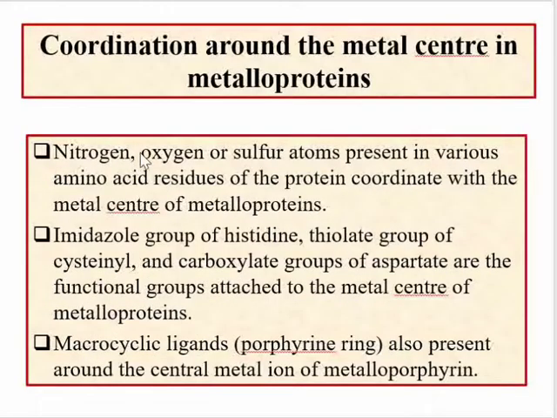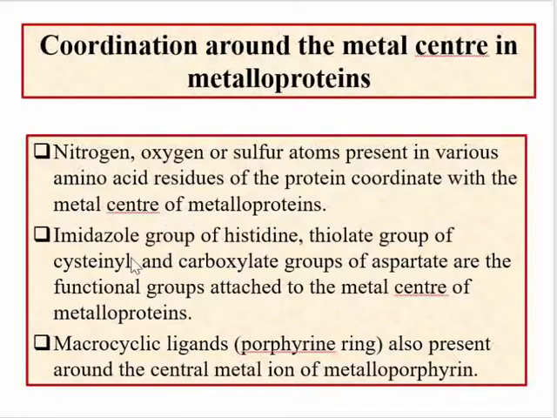Now, if we see the coordination around the metal center, what atoms or groups are present around the metal center, we usually find that the nitrogen, oxygen and sulfur atoms present in various amino acid residues act as the coordinating sites to the metal centers of the metalloproteins.